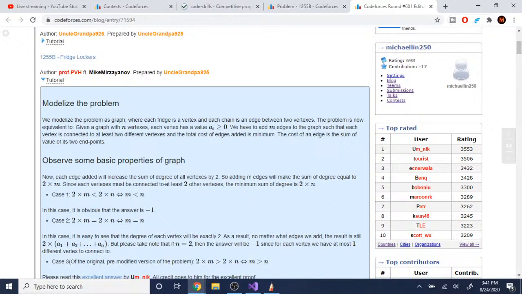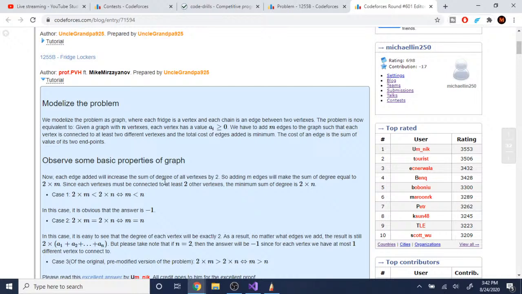Now, each edge added will increase the sum of degree of all vertexes by 2. So adding m edges will make the sum of degree equal to 2 times m. Since each vertex must be connected to 2 other vertexes, the minimum sum of degree is 2 times n. If 2 times m is less than 2 times n, which means m is less than n, in this case, answer is -1.